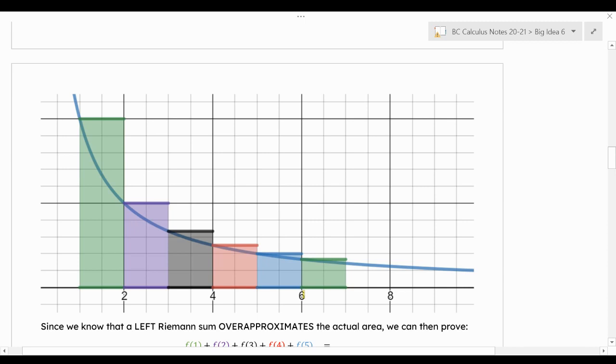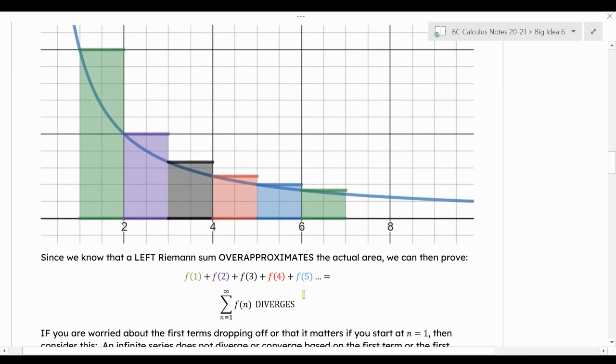And you know that a left Riemann sum over-approximates the actual area, and by the way, the improper integral diverged. So if we look at the infinite sum f of 1, f of 2, f of 3, et cetera, the sum from 1 to infinity of this function of n, we can show that it diverges, because it's bigger than an infinite area.